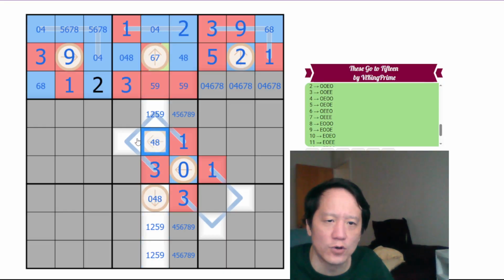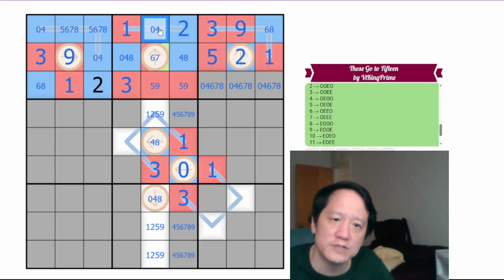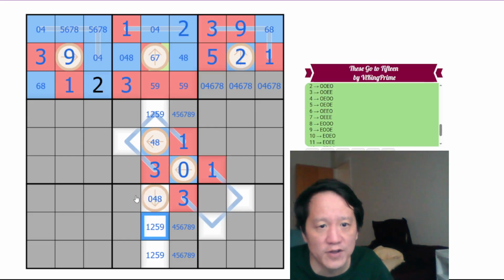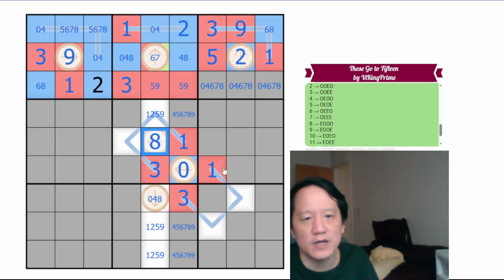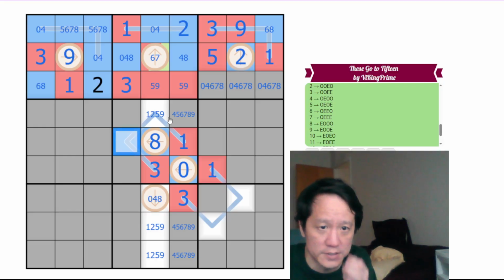If this is 4, that means this is odd, even, odd, odd. But the problem is, then this would have to be 0, and this would have to be 8. And 8 has to be even, odd, odd, odd. So this cannot be 4, it must be 8. Which means this is even, this is odd.